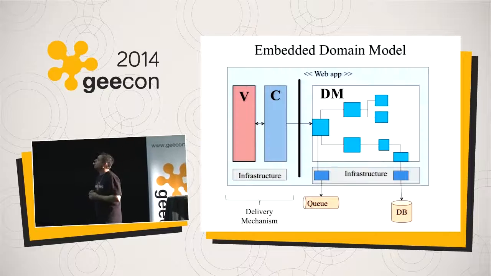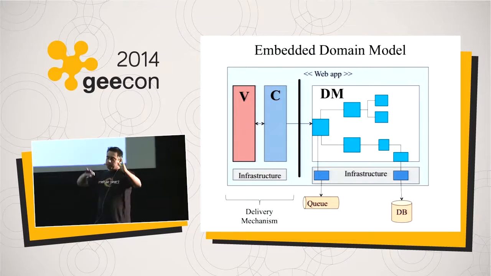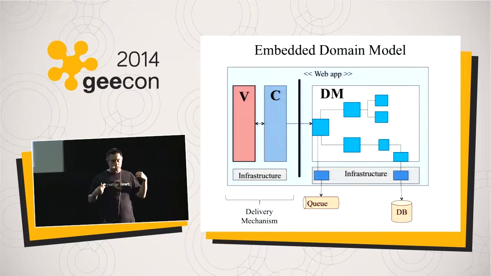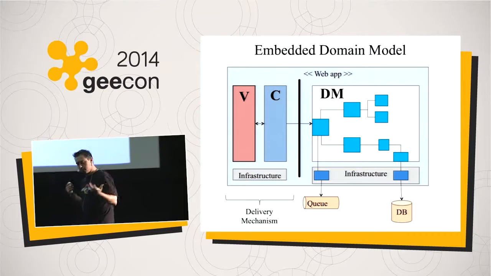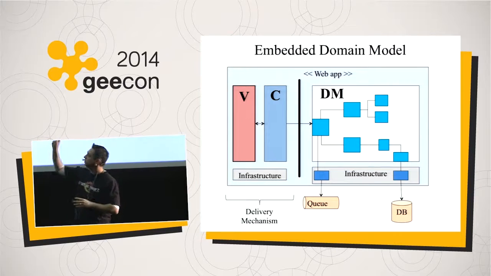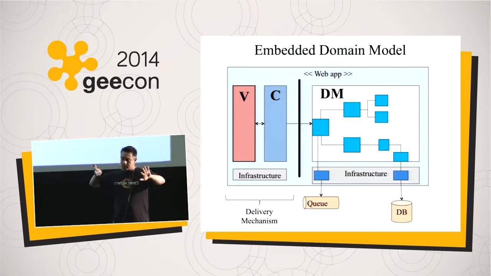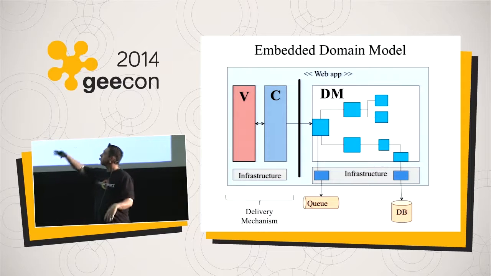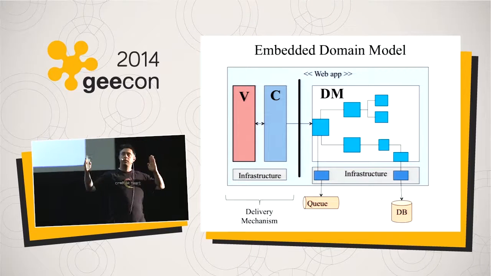So, let's talk about this. If I make my model be my domain model, then I can embed it, and I can split the infrastructure on both sides as well, as is sort of prescribed in domain-driven design, although they don't talk about the delivery mechanism too much. Both sides have whatever they do, and their infrastructure, but I keep them totally decoupled.